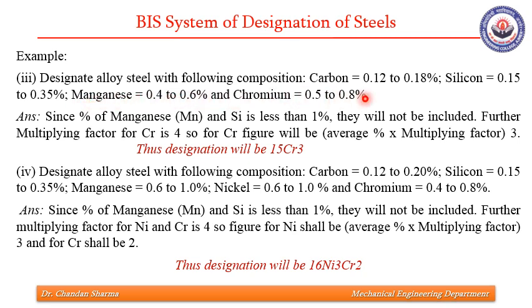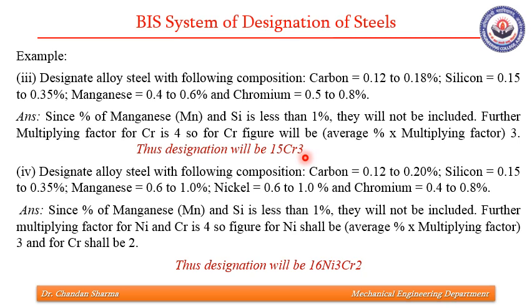Now we know the rule that if the percentage of manganese and silicon is less than 1%, they will not be included. So we have omitted these in the designation, and we know the factor for chromium is 4. So the average of 0.5 and 0.8, 0.65 into 4, will be 3. So the designation will be 15Cr3.